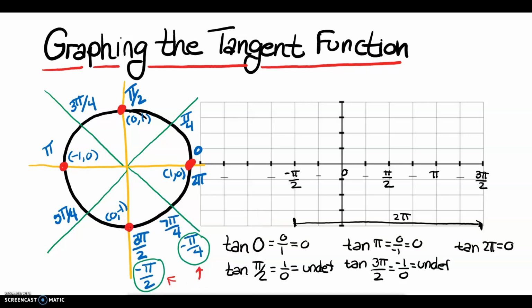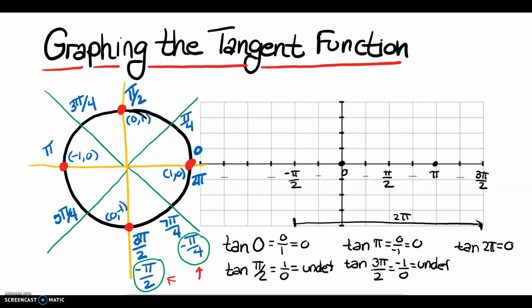All right, so let's just go ahead and plot what we know. If I'm going to plot tangent of 0, that is at 0. I'm going to plot tangent of pi, I know that's at 0. Tangent of 2 pi is also at 0, but that's coterminal with 0. What do I do with these undefined?